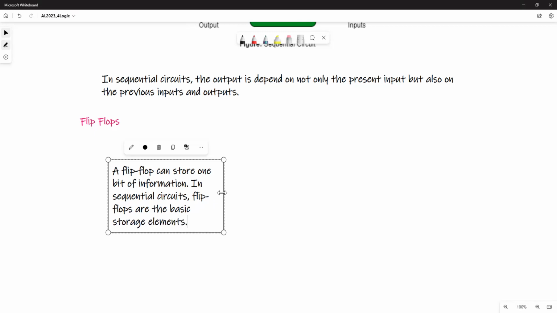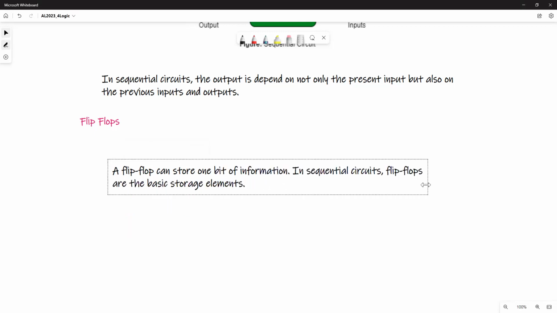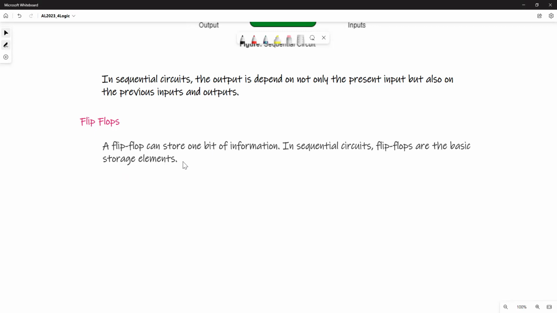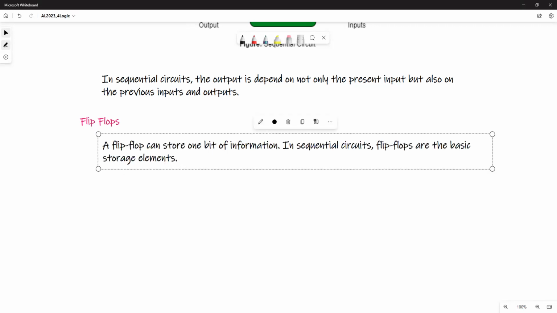So we need to discuss what these flip-flops are then. So there are several flip-flops.